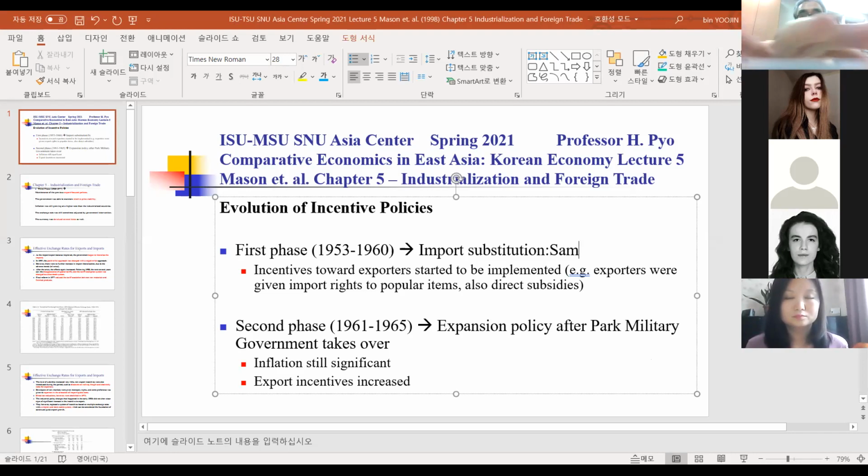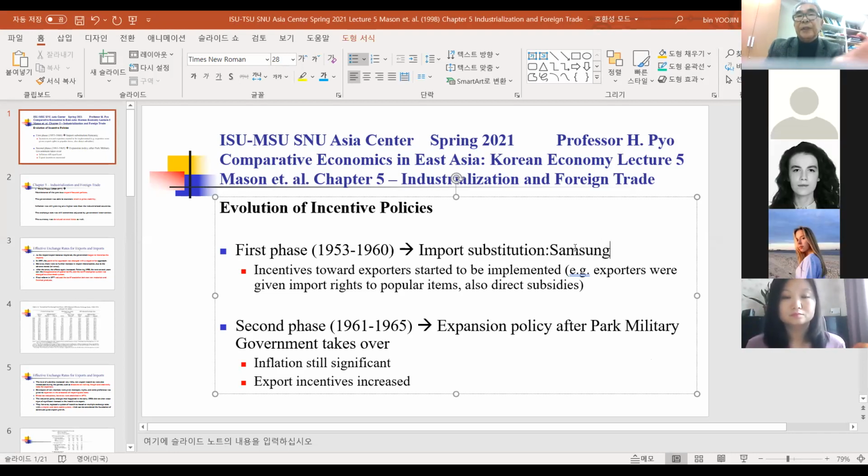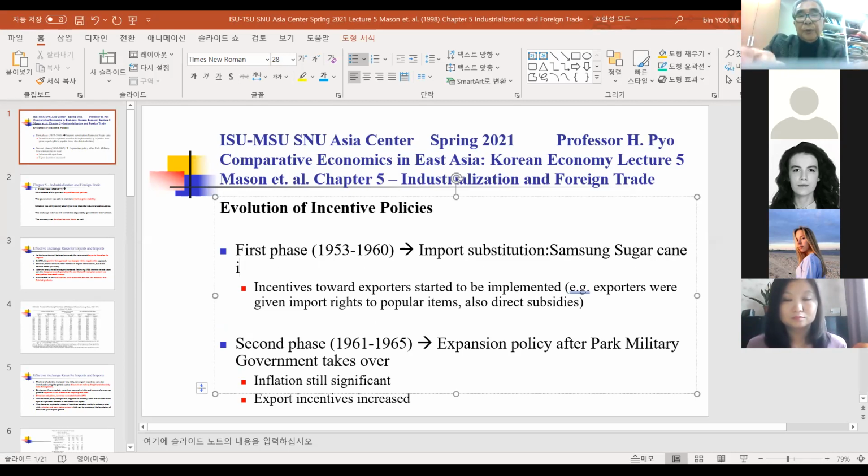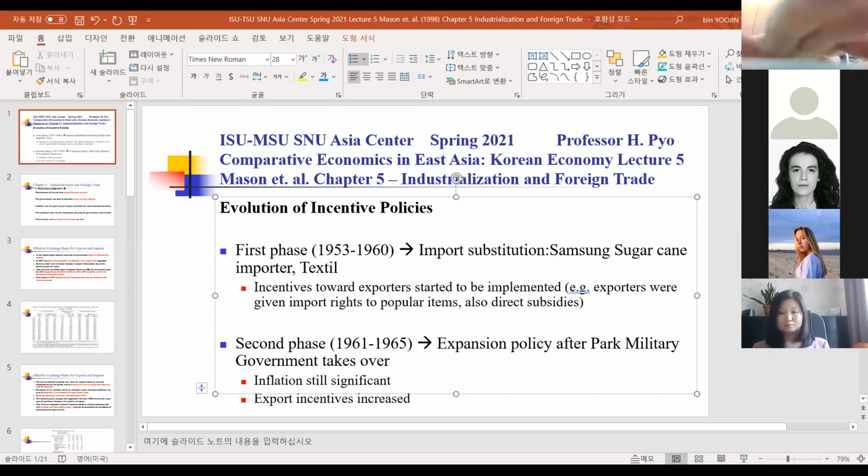Samsung, one of the largest, was originally started as a sugar cane importer and also textile import. Samsung started as a basic importer.